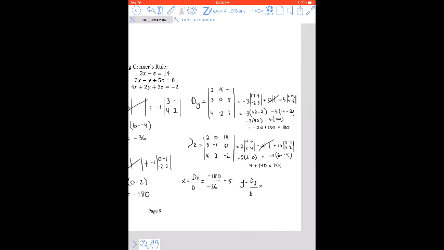So that's equal to positive 180 over negative 36. That's equal to negative 5. And then z is 144 divided by negative 36. That's equal to negative 4.